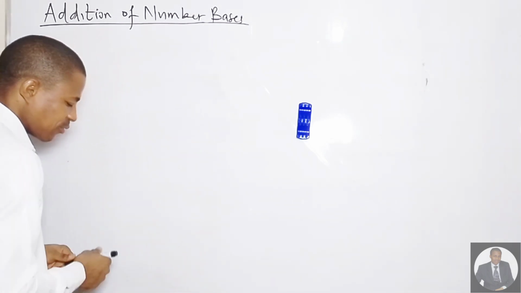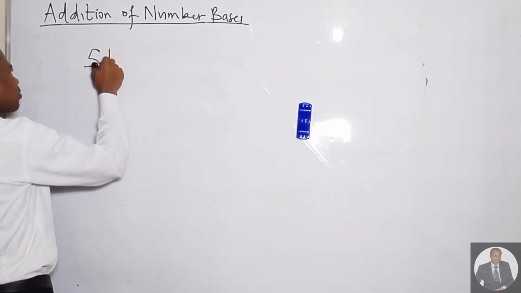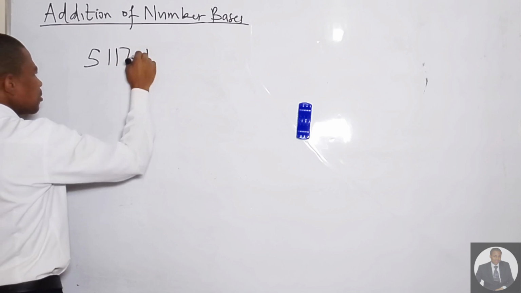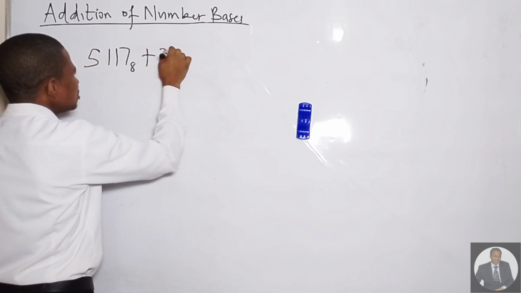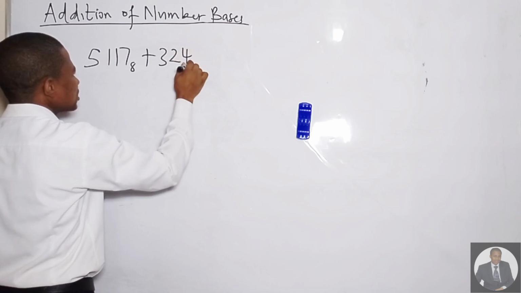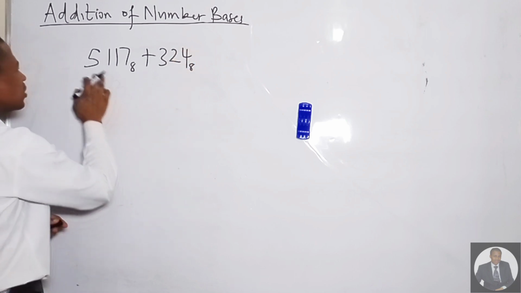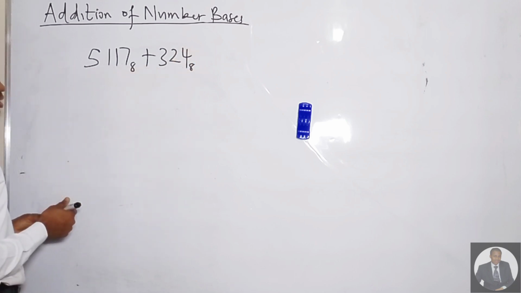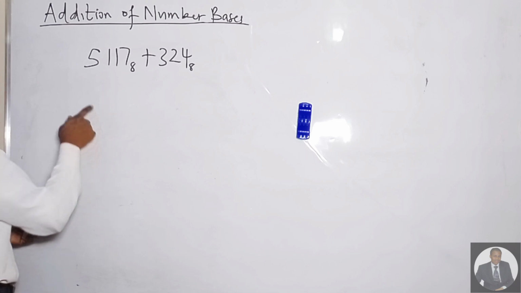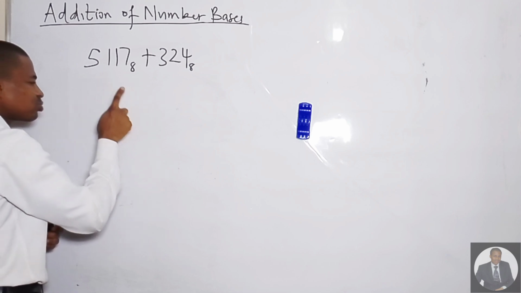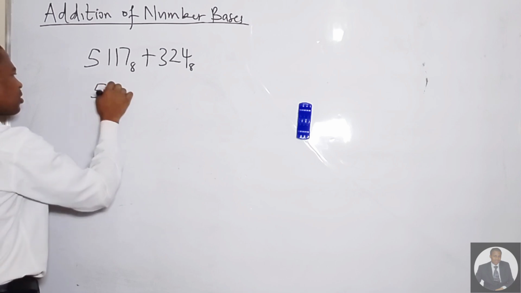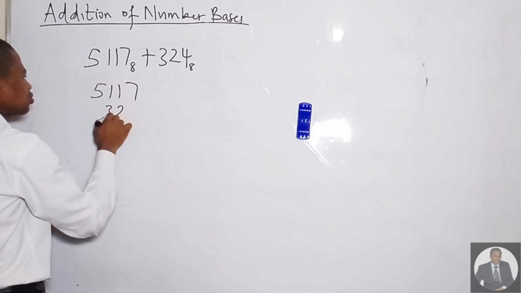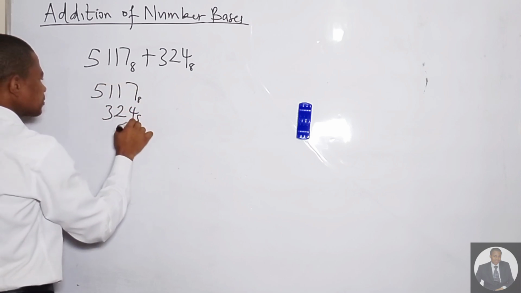For instance, if you have a question like this, 5117 base 8 plus 324 base 8. When we add these two numbers together, we will not have a sum in a place that is more than 8.